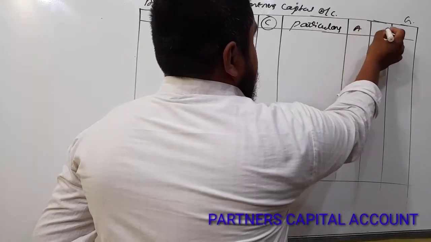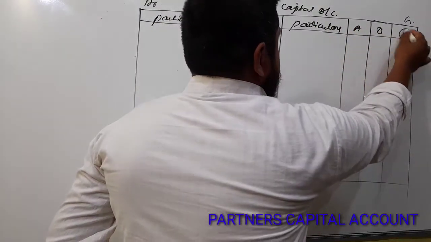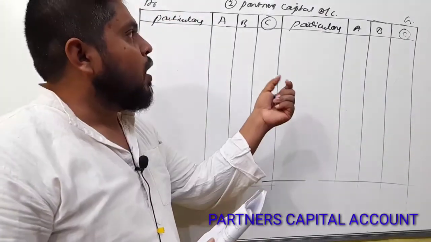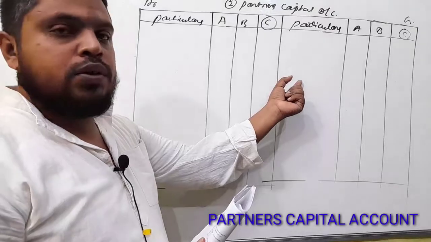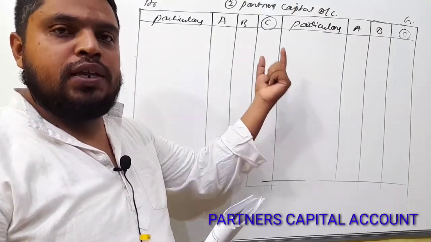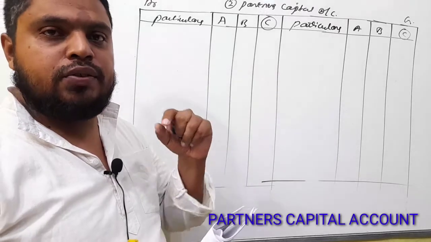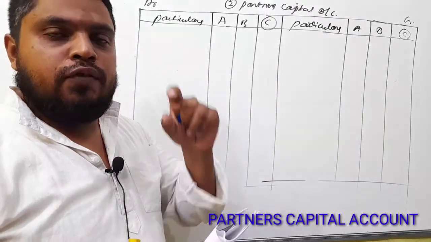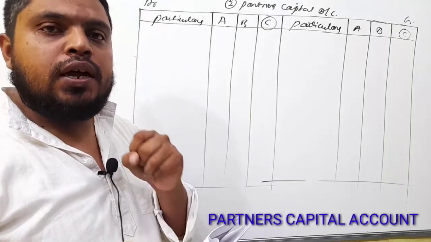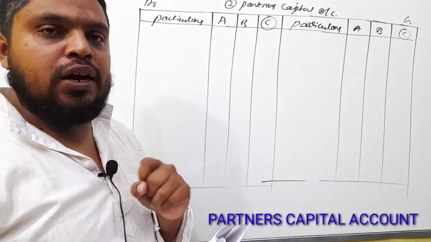So first, under partners capital account, we have to record the three items which has given in the old balance sheet. So that is in the question. First, their capitals, then general reserve fund and profit and loss.